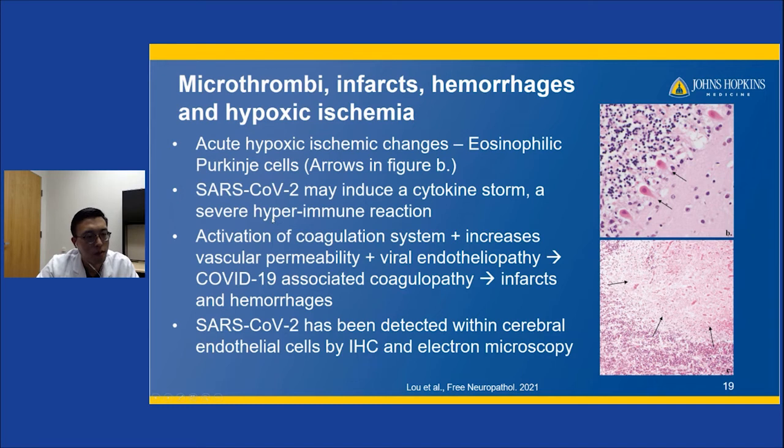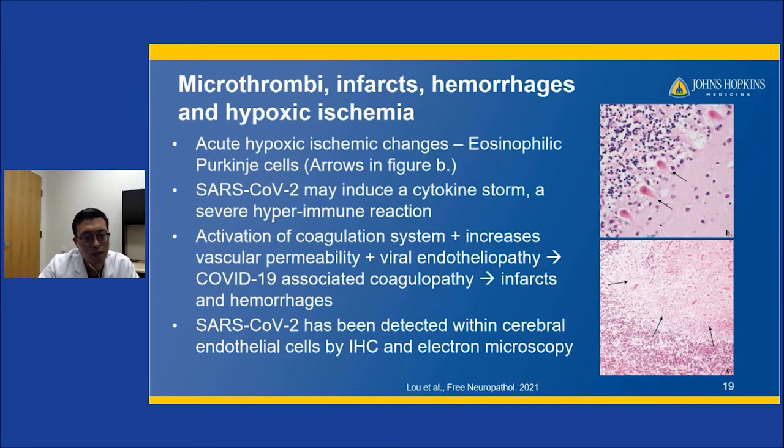As we know, SARS-CoV-2 induces a cytokine storm, and it can cause a severe hyperimmune reaction and a whole activation of the coagulation system, and that leads to increased vascular permeability, and the endothelium gets really damaged.